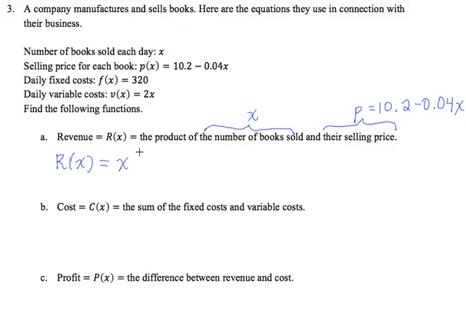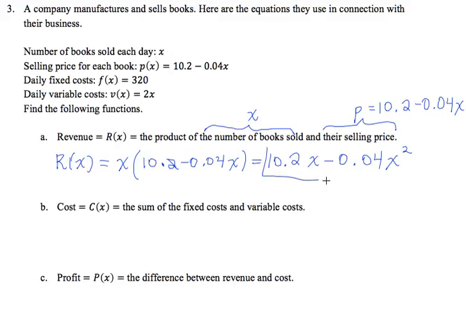The number of items you sell times the price you sell them at. It would look like this: x times 10.2 minus 0.04x. Let's go ahead and expand that out. So expanding or distributing the x there would give us 10.2 times x minus 0.04 times x squared. That's a good R of x, or revenue function.